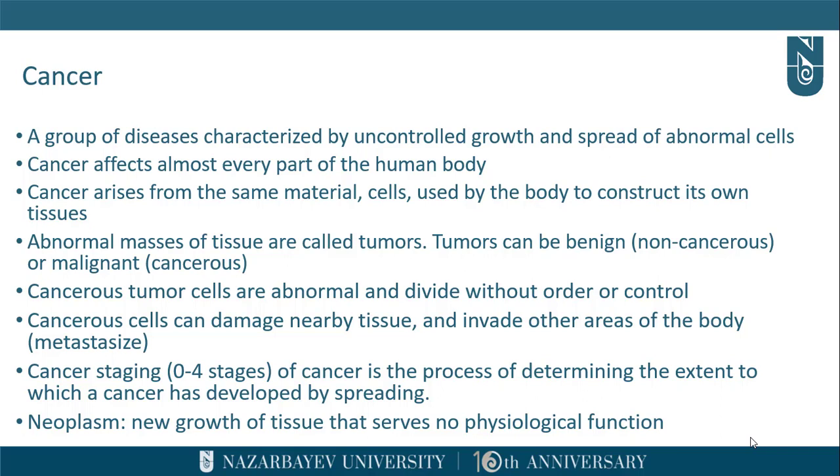Interestingly, it arises from the cells that we normally use to manufacture our tissues. So when something goes awry in the cell division, when some mutations arise, that would lead to the mutations in the chromosomes, and the consequence of it will be the formation of cancer.